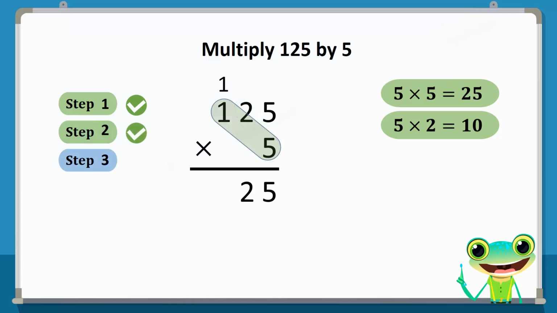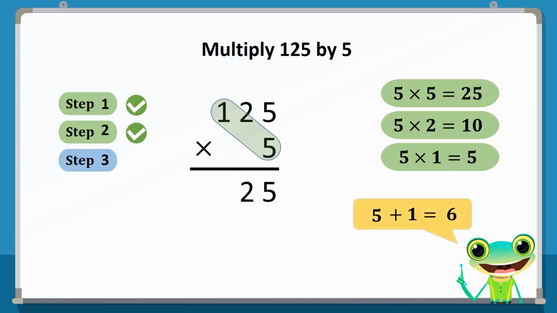Now, for the last step, we have 5 times 1, which is just 5. Also, we add the number 1 to 5 that we carried over from the previous step. So, the final answer is 625. By using this method, we can multiply numbers with 3 or more digits by a single digit number.